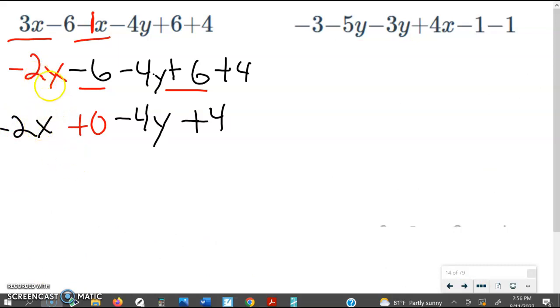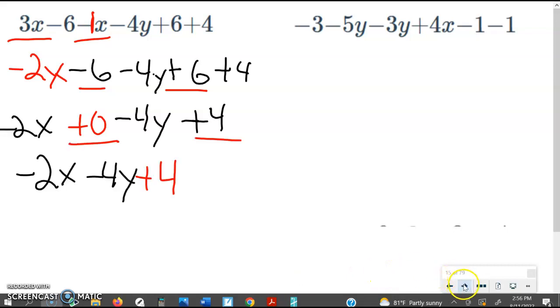And I took the two 6's, got 0. Brought down negative 2x, negative 4y, positive 4. Okay. Now I'm looking for some more like terms, and it's these two constants here, 0 plus 4, and that's easy enough. 0 plus 4 is 4. Every other term I just bring down like it is, and there's no more like terms to combine, so that's my final answer.